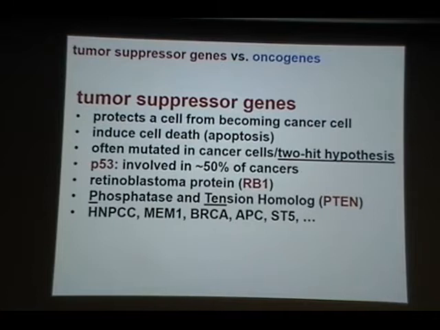So then I'll have the same tumor suppressor gene, all mutated. So I really need a two-hit on the tumor suppressor gene to lose the function of the tumor suppressor gene.